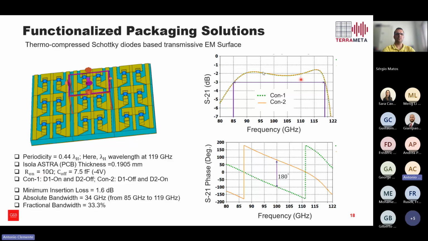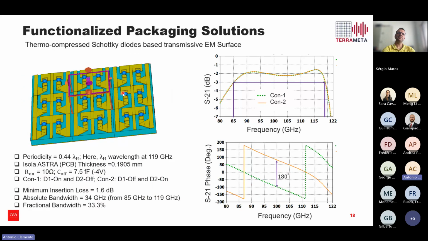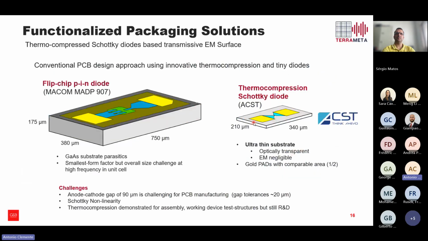The next step is the fabrication of this structure. But firstly, what we are doing now is developing the electrical model of the diodes, and at the same time we are developing the technology to flip chip this structure on the unit cell, because as I said before, this Schottky diode is very small, only 300 micron by 200 micron, and the thickness is less than 10 microns.